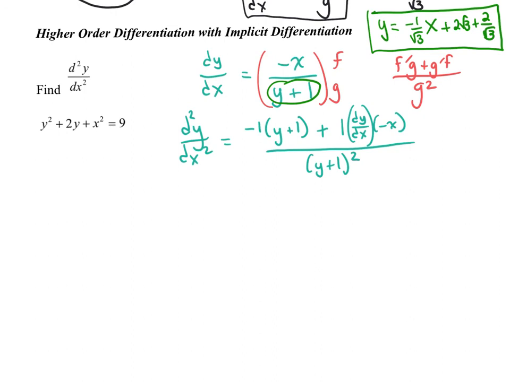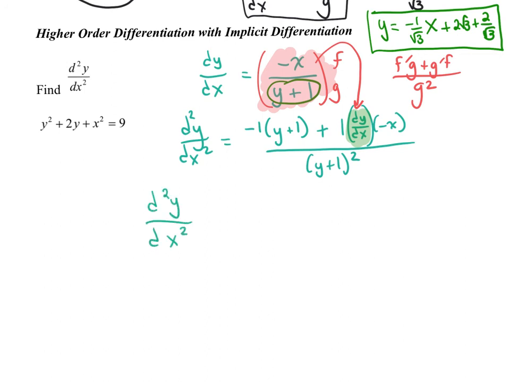So I have the second derivative, but the problem is, if you notice here, I have a first derivative in it. So here's the trick with the second derivative. We know this is the first derivative, and this has the first derivative in it, so we're going to plug this in here, and we are not going to simplify, as you will see.